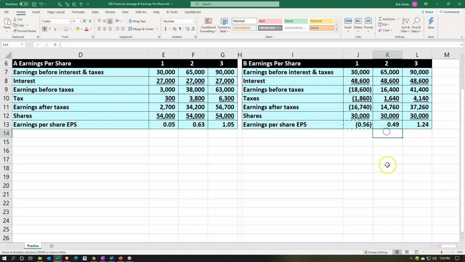So if we take a look at the change then in what happened here, what happened in the second period, the 0.49 minus the prior period, and I'm going to go to the home tab, font, and increase some decimals here. We got a change of 1.05. If I then take this minus the prior period, then I'm going to go to the home tab font.